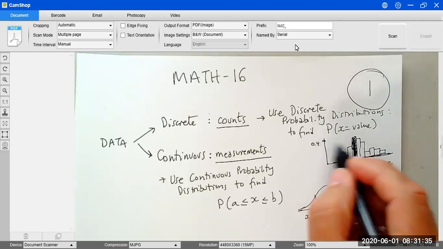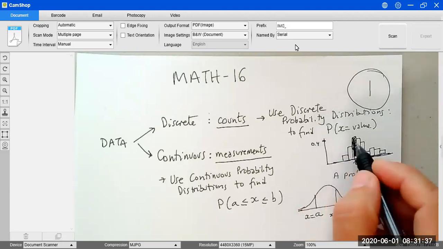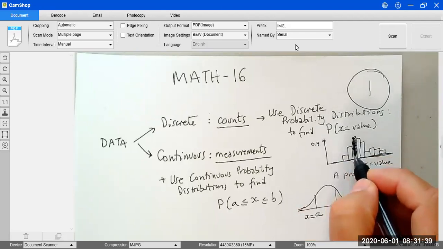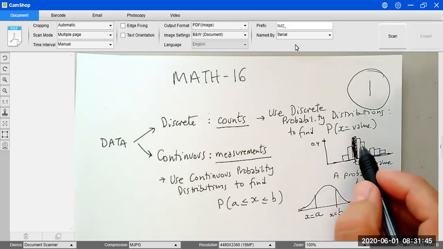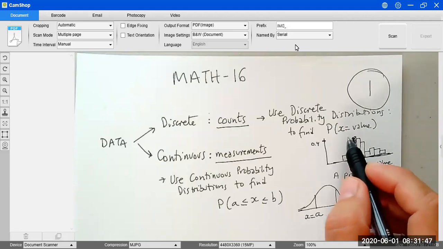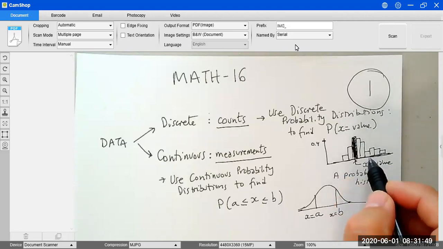So if you read 0.4 here, then the area within this rectangle is also 0.4. But this is a discrete probability distribution, so you can only get probabilities for given values of X, discrete values of X.